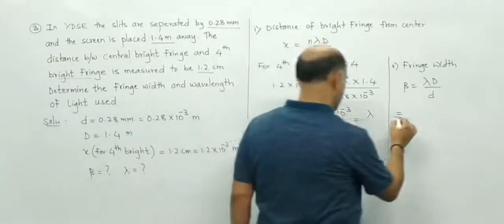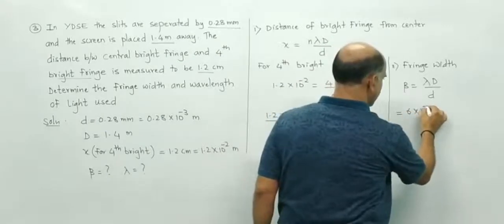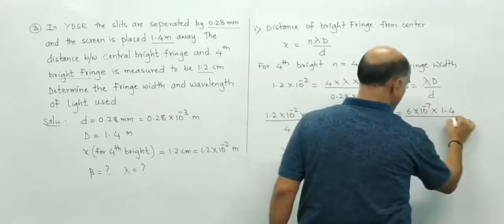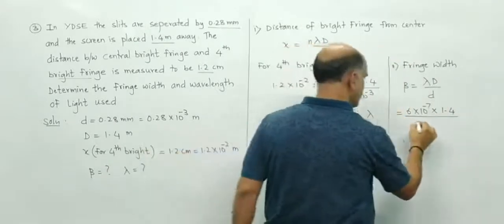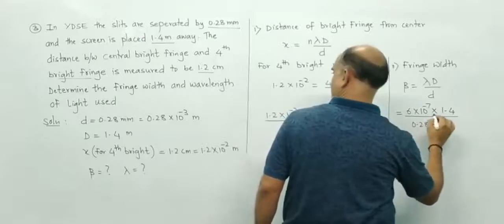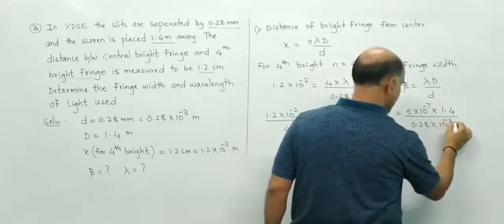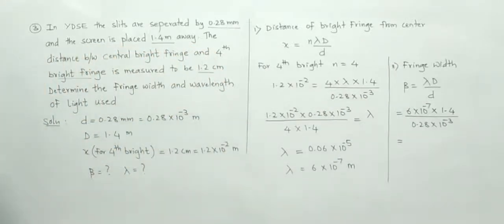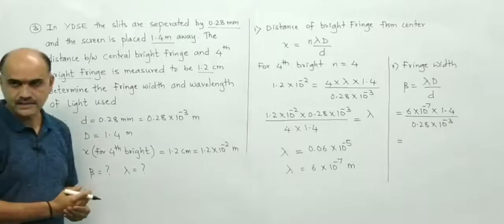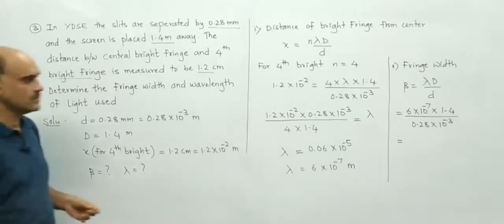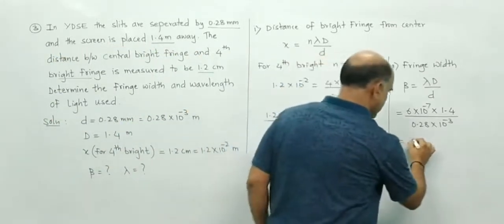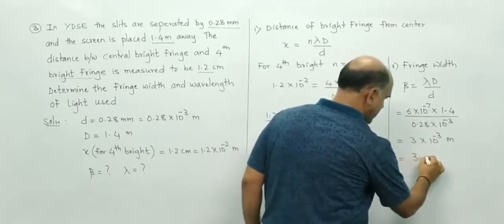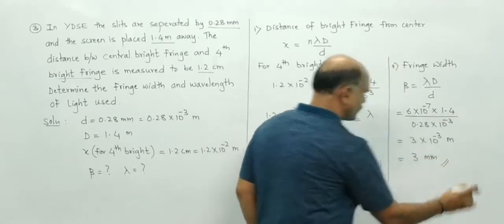If I substitute 6 into 10 raised to minus 7, capital D will be 1.4, small d will be equal to 0.28 into 10 raised to minus 3. Simplify, you will get the value of beta. So beta you will get 3 into 10 raised to minus 3 meters, or you can say 3 millimeters.